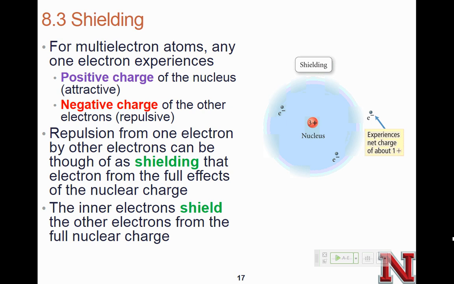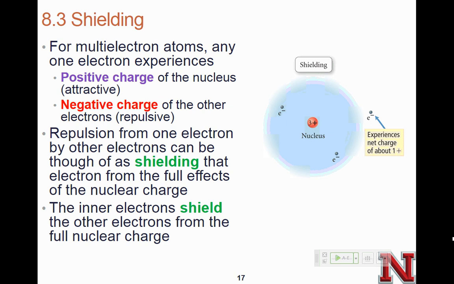And that's why we'll typically look at, when we're talking about bonding, interactions between our electrons in the outermost energy level. Whether they're given up, or electrons are accepted, or they're shared, we're always going to talk about electrons in the outermost energy level, because they're the ones that are not attracted to the nucleus the most. They're going to be the most shielded, they're going to be the furthest away. So the highest in energy. So that's what shielding is.